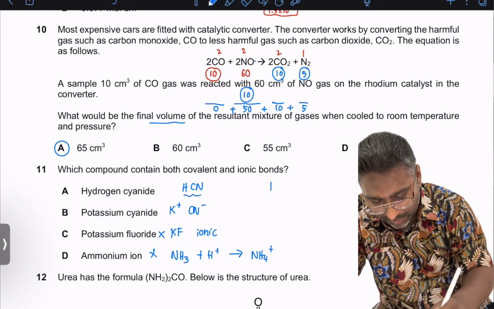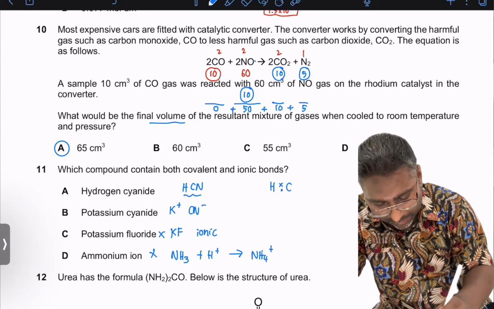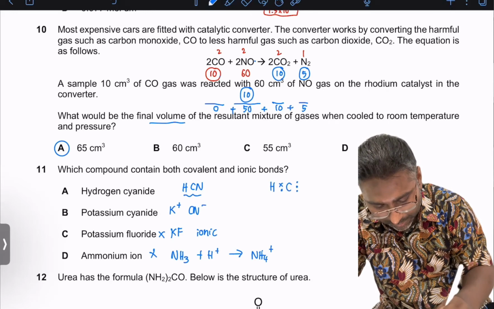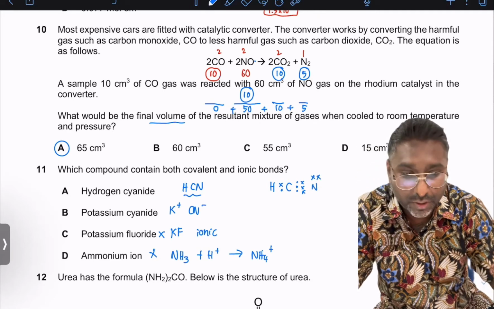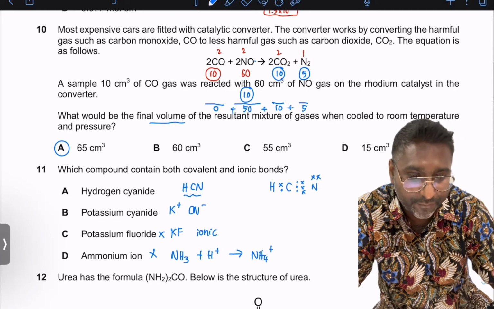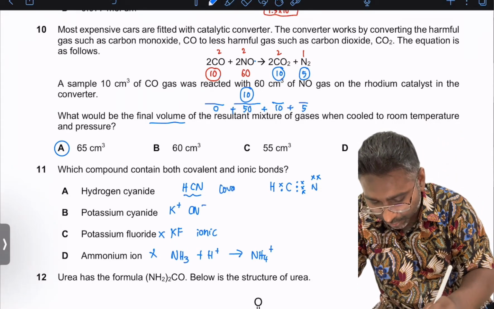Why? H shares the electron with the carbon, and then they will share the electron over here with the nitrogen. So you will have this. This is going to be the cross and dot diagram for HCN. So they are perfectly covalent, nothing ionic about them.